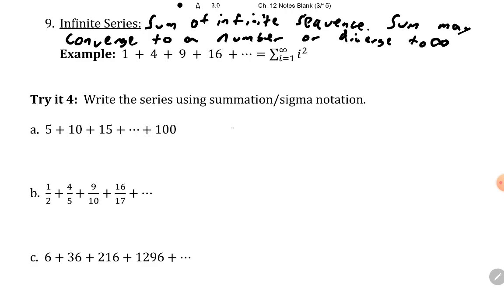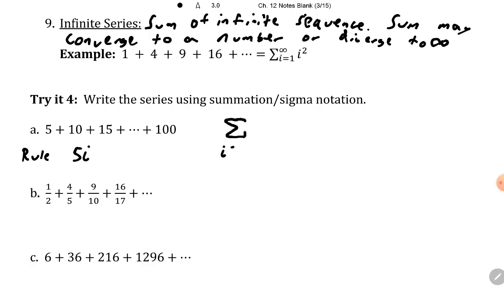So it looks like our rule is just they're multiples of 5, right? Okay, so my rule is just 5i. Okay, and then we're going to be writing using sigma notation.